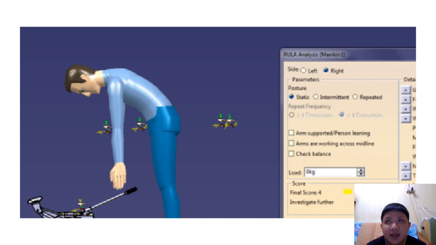This means that when the worker is working using the item, they will experience some back pain, so we need to improve the design to lessen the score. For RULER, the lower the score, the better. Sorry that the picture is a bit blurry, and that's it from me. Thank you.